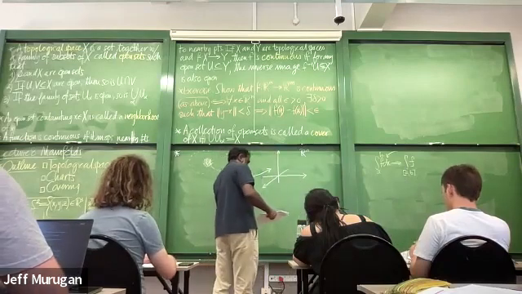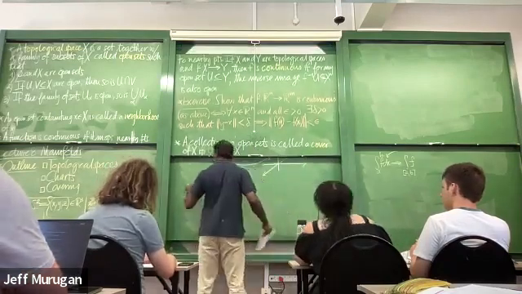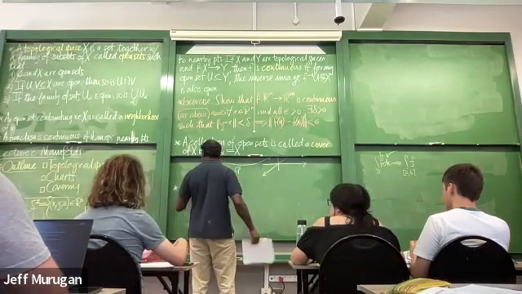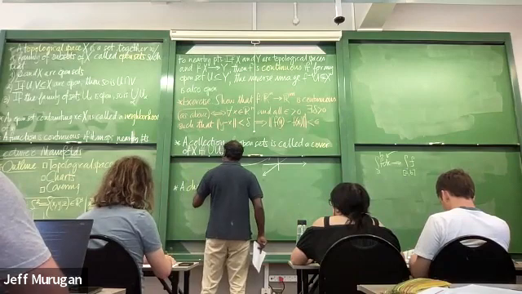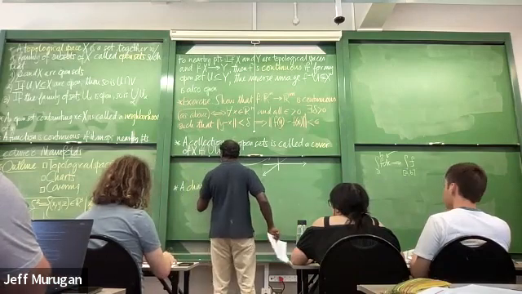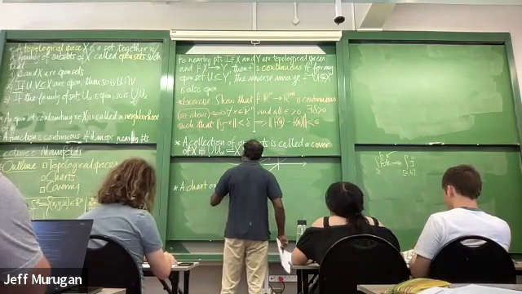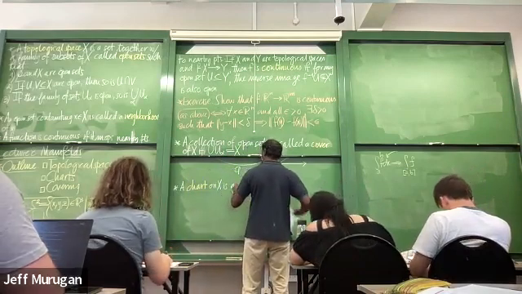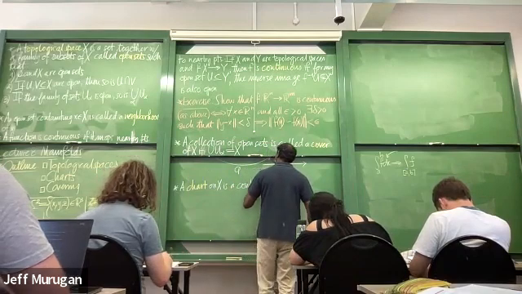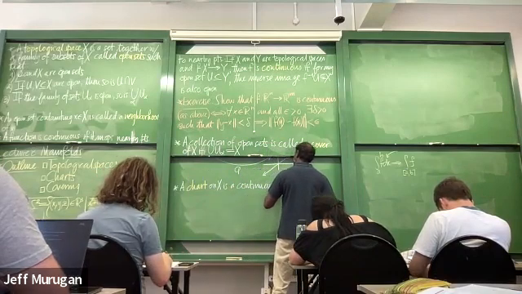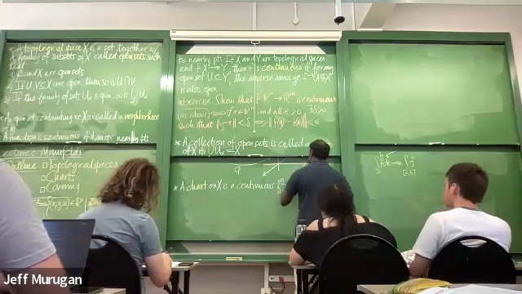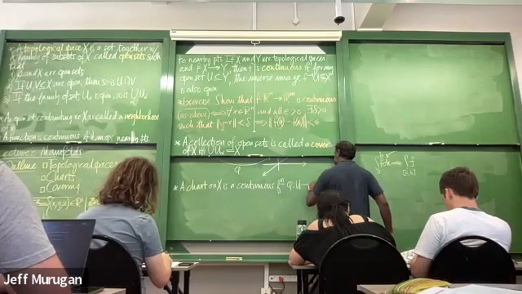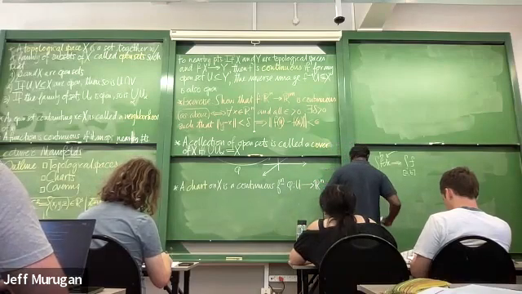So a chart on X is a continuous function phi that takes us between U and R to the n.